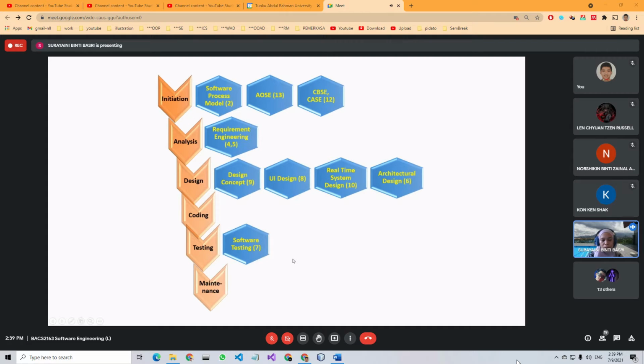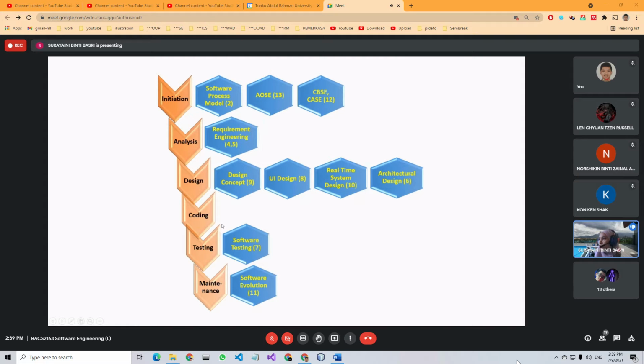Remember, I said there are a lot of types of testing. And last is the software maintenance stage, where we will learn about software evolution, which is in chapter 11. But we haven't covered this. We will cover this in a future lecture.